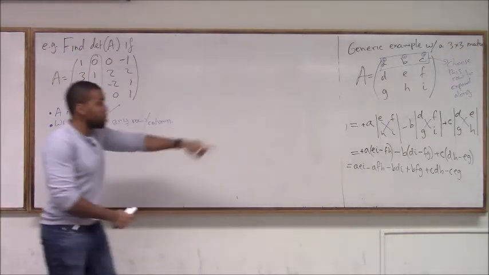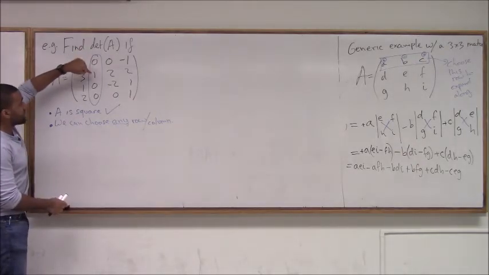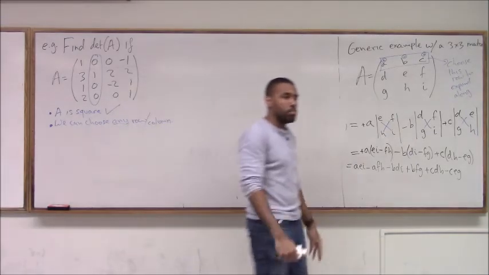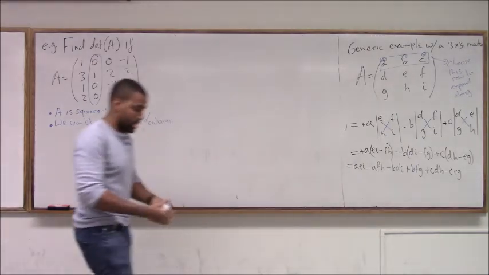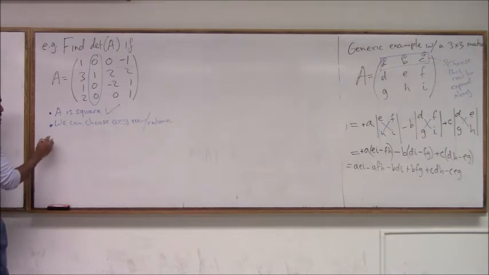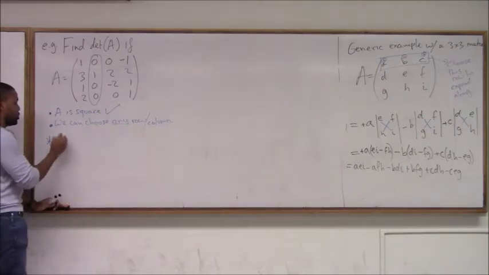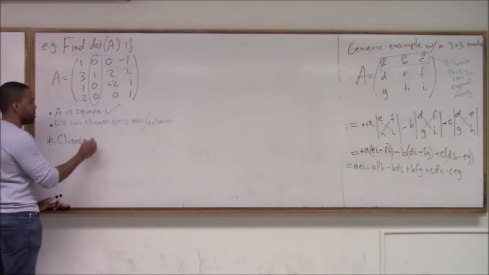Now, remember how we compute determinants. We're going to end up multiplying these numbers by cofactors. But if I multiply 0 by a cofactor, I don't have to compute that cofactor. So one important idea is, if you're computing a determinant by hand, choose the row or column with the most zeros.